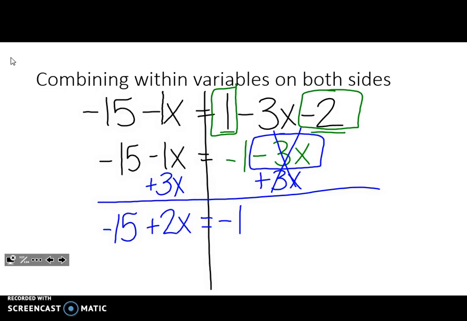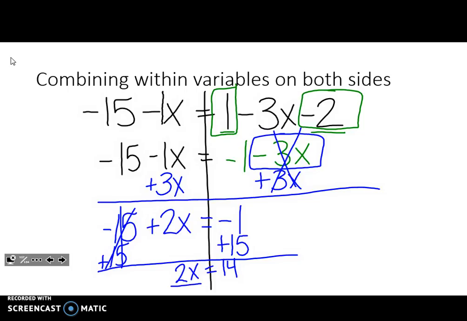Now it's a two-step equation. Since it's a negative 15, I have to add it to the other side. Those cancel. I'm left with 2x equals 14. Divide both sides by 2. I get x equals 7.